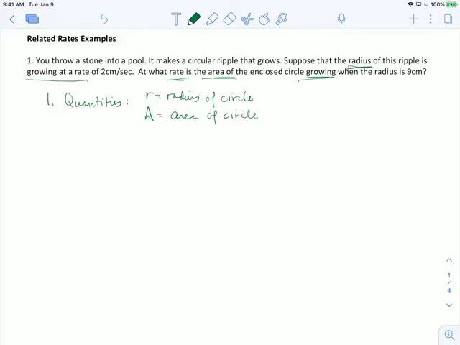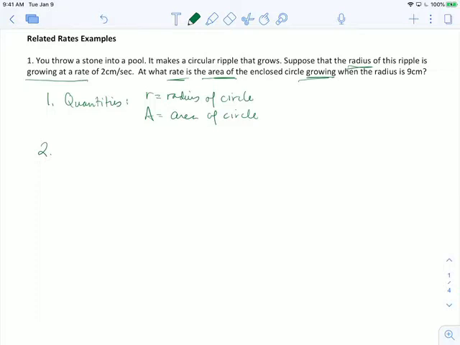Our next step, I like to try to encourage us to interrogate ourselves and try to ask questions about what we've read. And so we want to ask ourselves, what is it we're trying to find? What rate of change are we looking for? And so hopefully in this problem, we look at the question, we see we want to know the rate at which the area is growing.